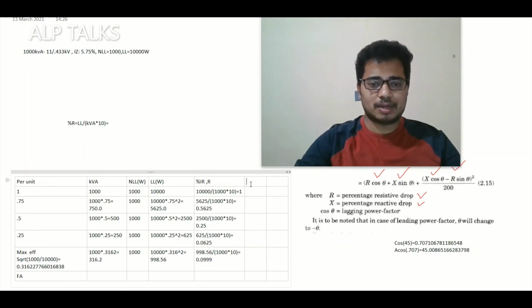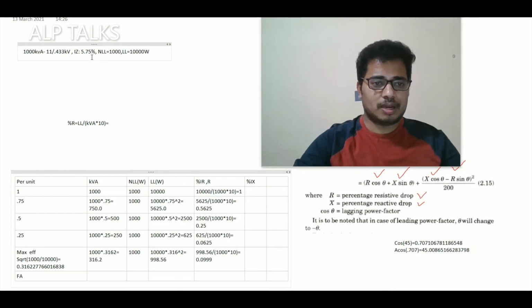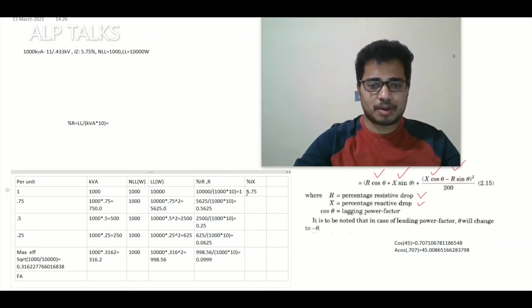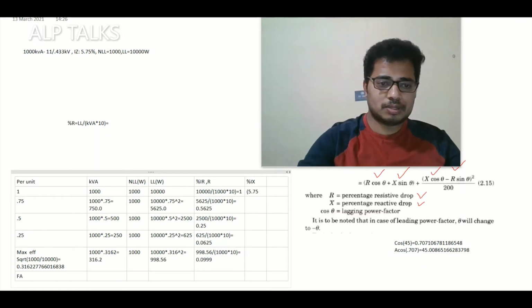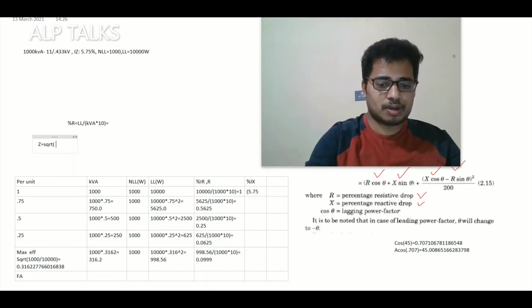Now how to calculate IX? We already said that 5.75 is the impedance. We know that Z is the square root of resistance square plus reactance square.